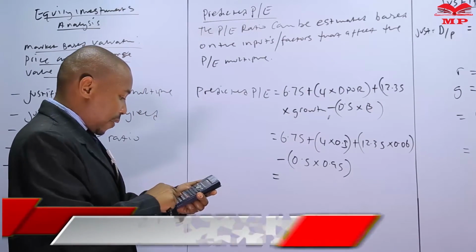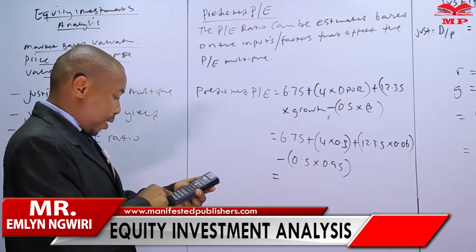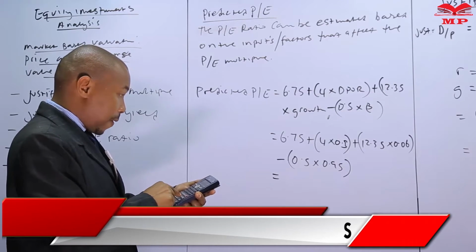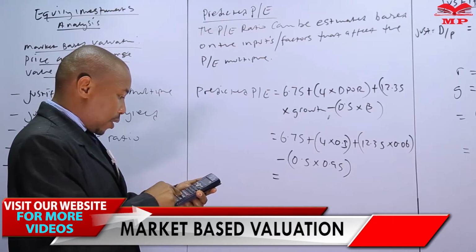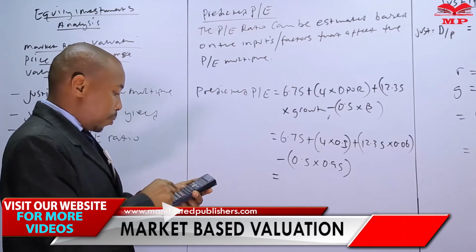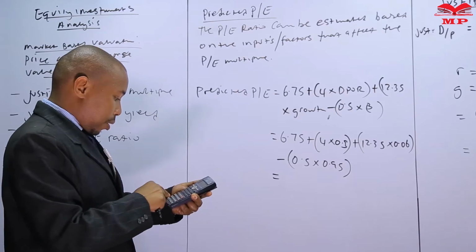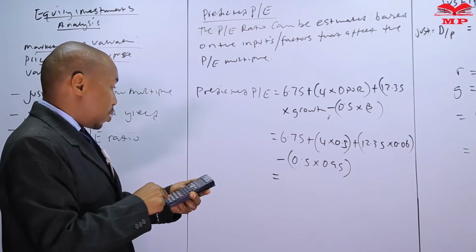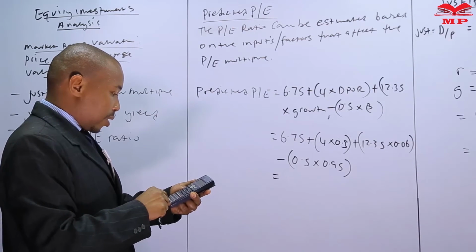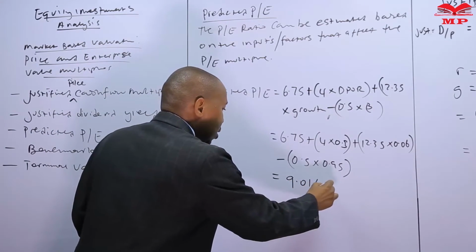So we have 6.75 plus, open the brackets, 4 multiplied by 0.5, then plus 12.35 multiplied by 0.06, minus, open the brackets, 0.5 times 0.95, close the brackets, and we have 9.016 times there.